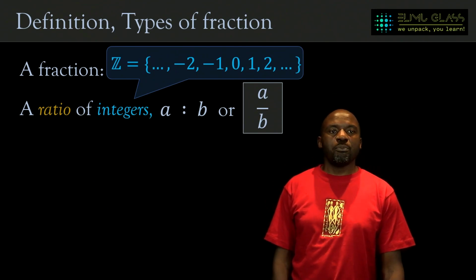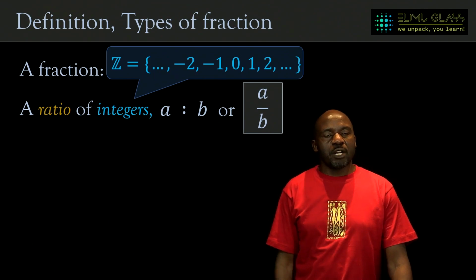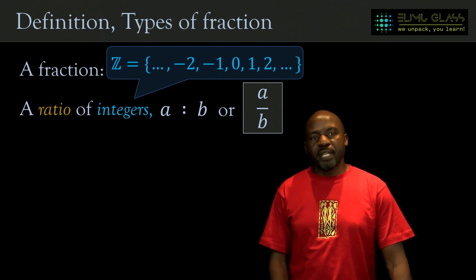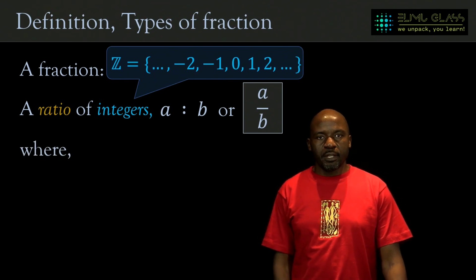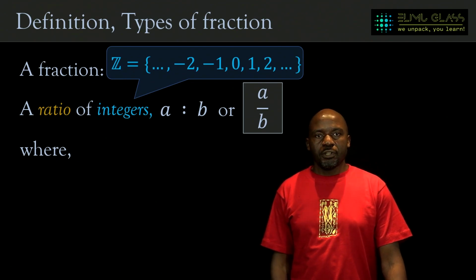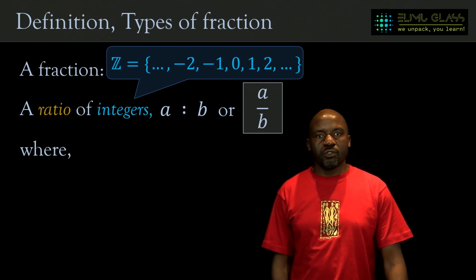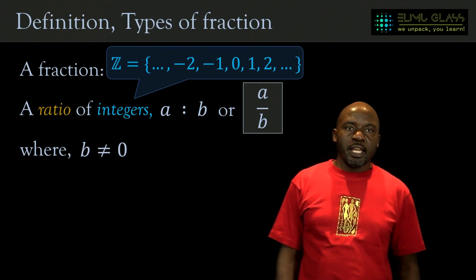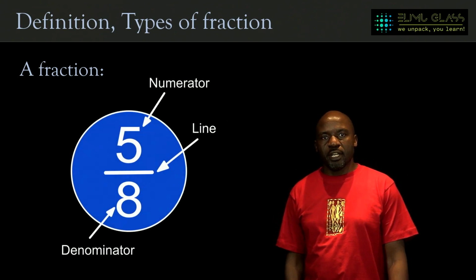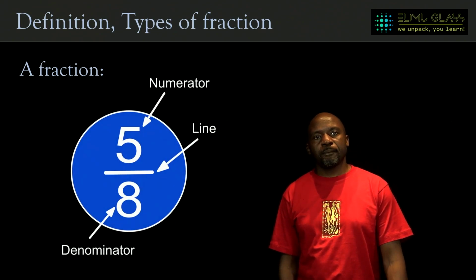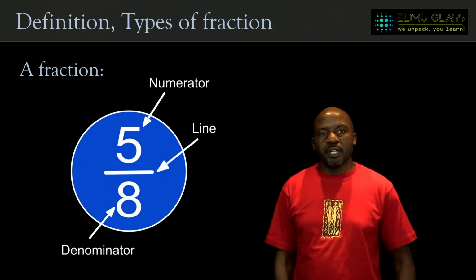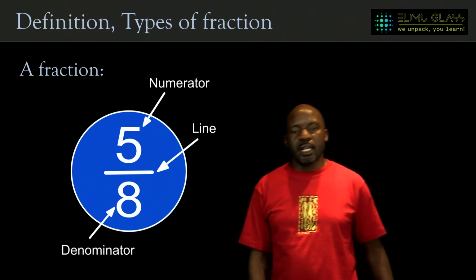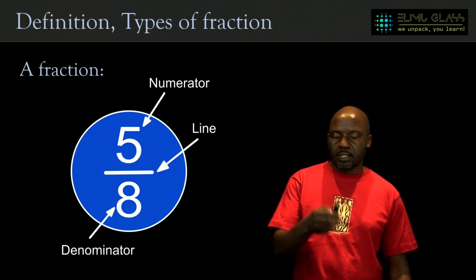In fact, A could be 0, in which case the fraction would be equal to 0, but B can never be equal to 0. So a ratio of integers, A is to B, where B is not 0, and A and B are integers. Here is an example of a fraction. All right. So the 5 is the numerator, there is a line in between and a denominator like that. We'll go quickly, this is boring.